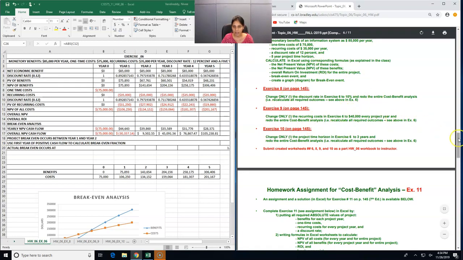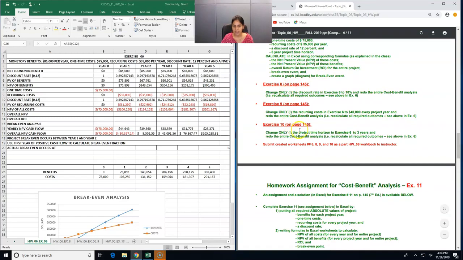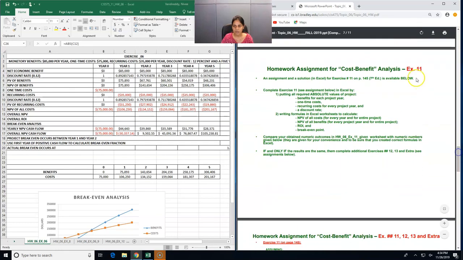Finally, for exercise 10 we have to change the project time horizon from 5 years to 3 years and then redo the entire cost benefit analysis. Similarly we are also provided with exercise 11.